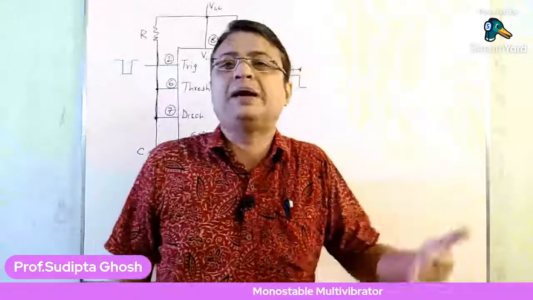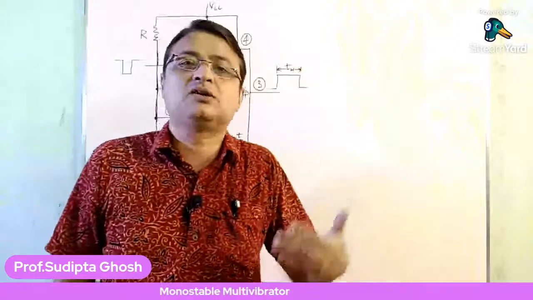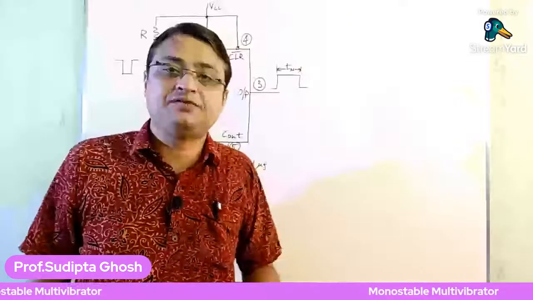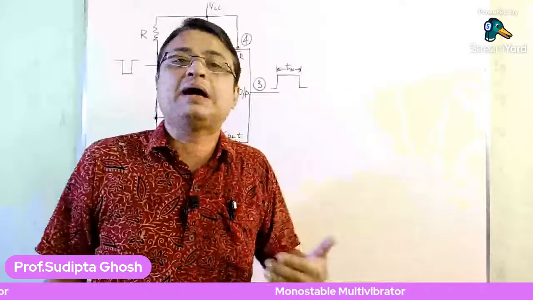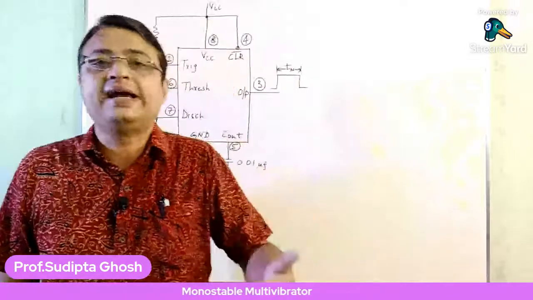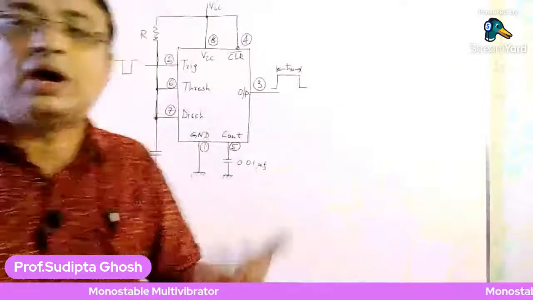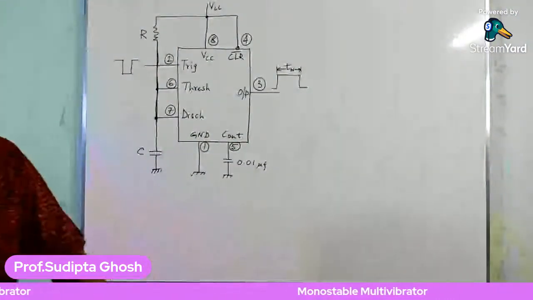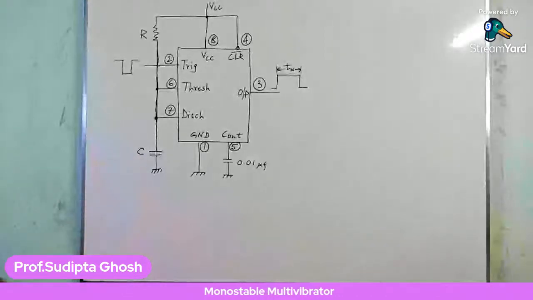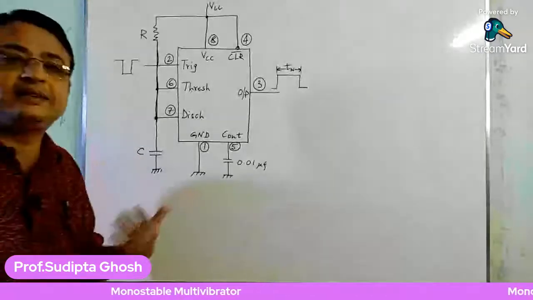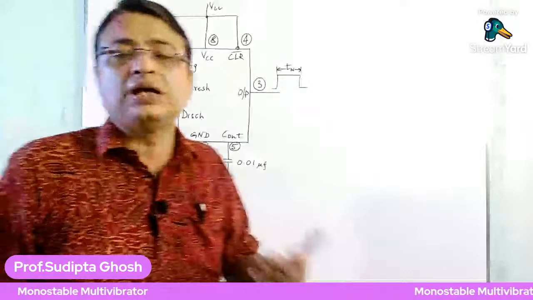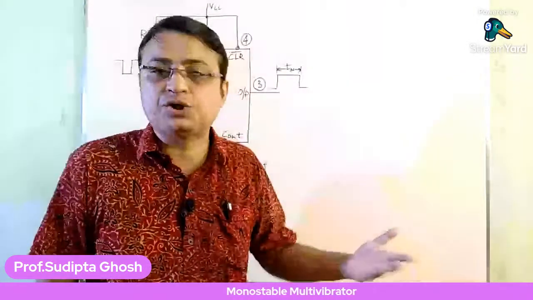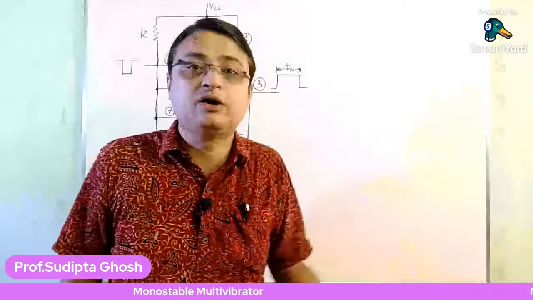Now as the capacitor crosses the voltage value of 2/3 VCC, say when the capacitor reaches the value of 3.5 volts, what will happen? In our last class, we already discussed that while the threshold input is higher than the 2/3 VCC value, then the upper comparator, or the threshold comparator, or comparator 1 goes high.